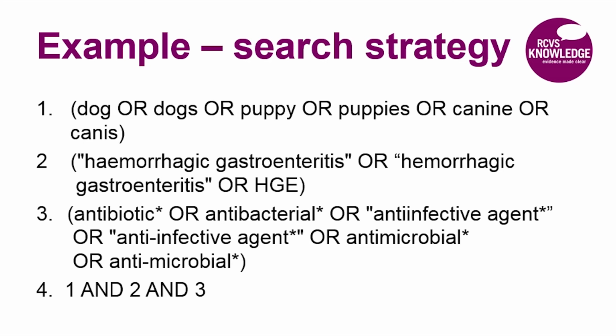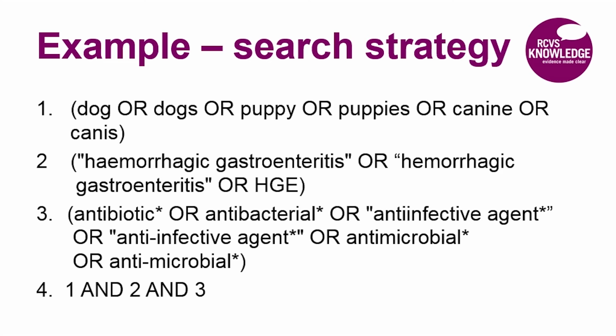So here is a fairly simple search on our question. The first line is the dog line, the second line is the HDE line. Again, I've got the two spellings, and I've got the acronym version. And then the third line is the antibiotic line, and I've used the truncation symbol and the phrase searching to reduce the number down. And then in the fourth line, I've just ANDed all the lines together.